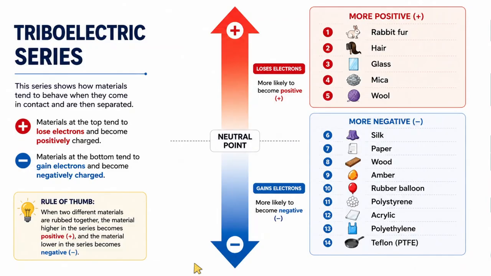As we can see here in the diagram, materials at the top end tend to lose electrons and become positively charged, whereas materials at the bottom tend to gain electrons and become negatively charged. So a good rule of thumb is this: when two different materials are rubbed together, the material higher in the series becomes positive and the material lower in the series becomes negative.